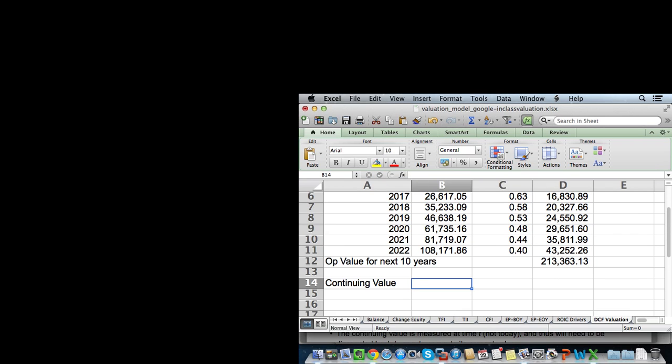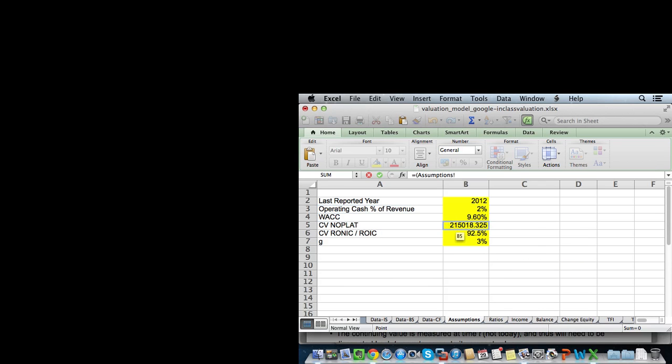Equals left paren, start with that, off my assumptions page, continuing value no plat, times left paren, 1 minus the growth rate, the G, divided by the ROIC, right paren, divided by left paren, the WACC, minus the G, right paren.